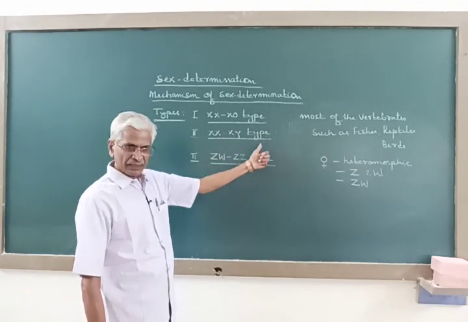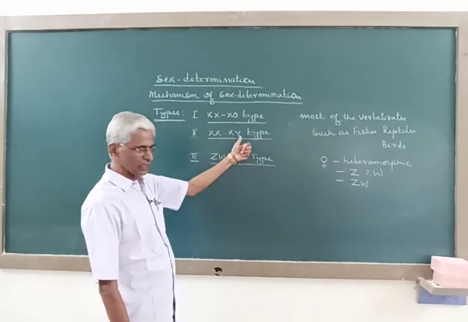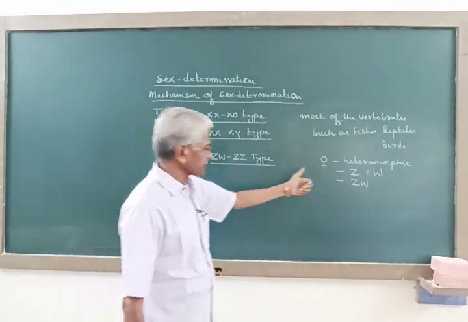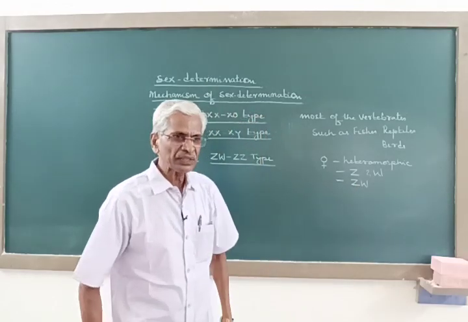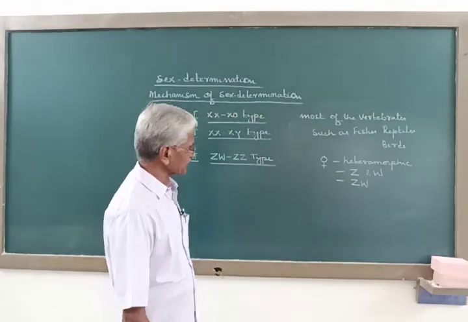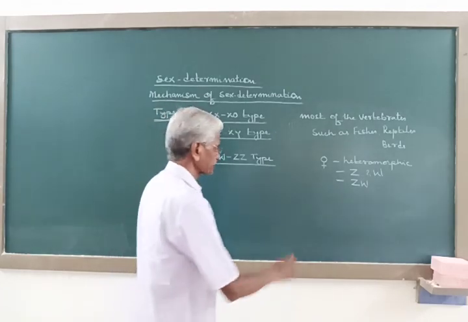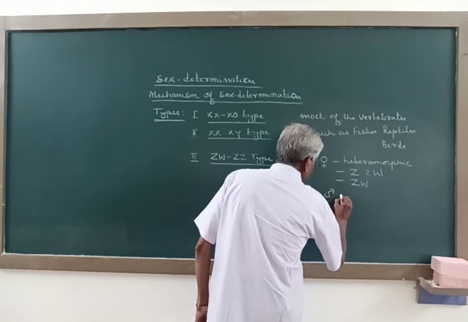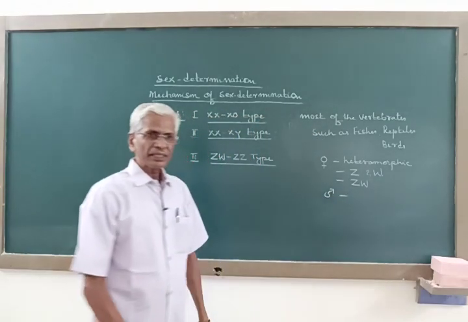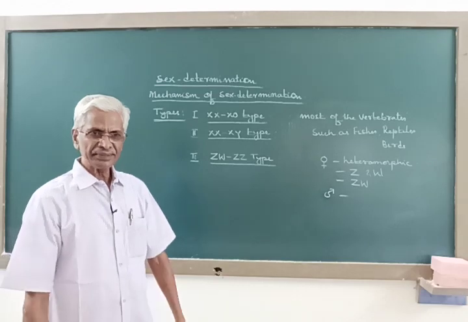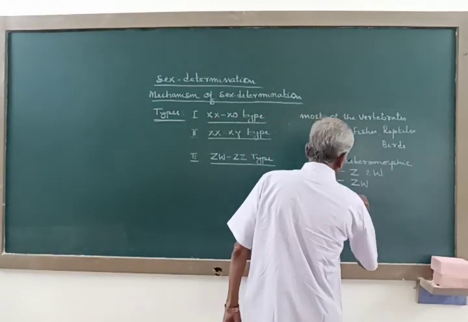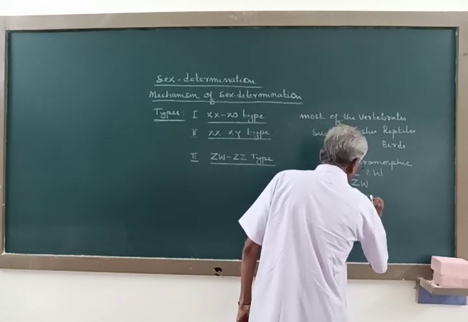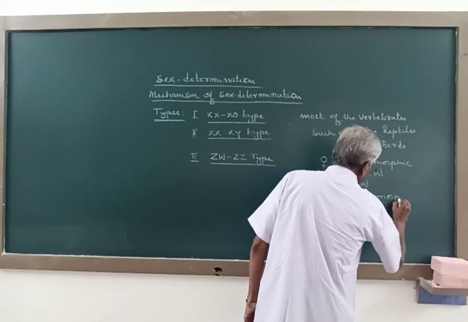In the earlier type, it is the male which has heteromorphic sex chromosomes, but in this type, the female has heteromorphic sex chromosomes, and hence here the female is denoted as ZW. While the male has a pair of identical sex chromosomes, and hence here the sex chromosomes in the case of male are homomorphic.